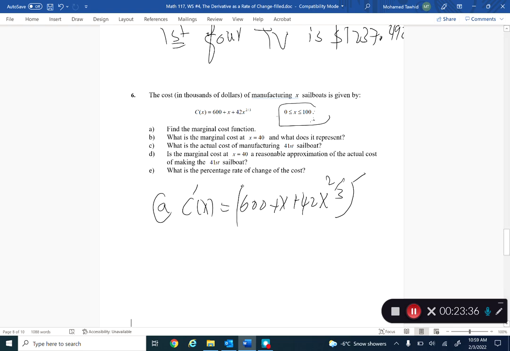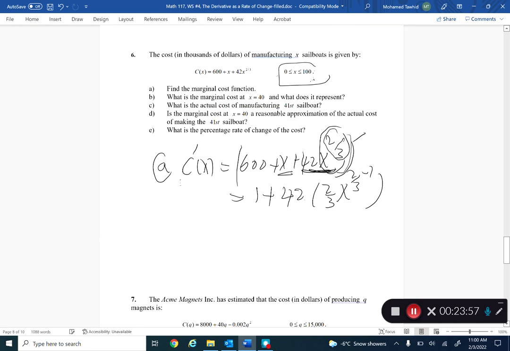What is the derivative of 600, guys? 0, very good. What is the derivative of x? 1. Here, 42 is a constant. And then what is your n here? 2/3. So I write 2/3, and x to the power 2/3 minus 1.